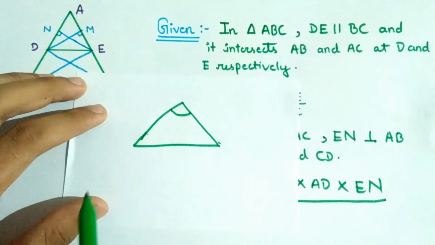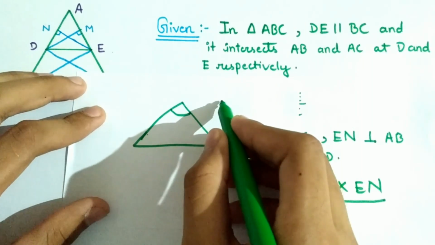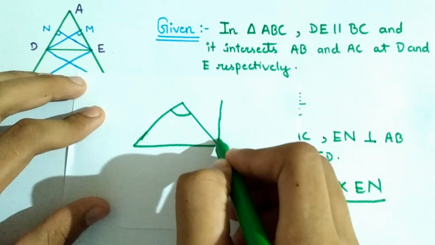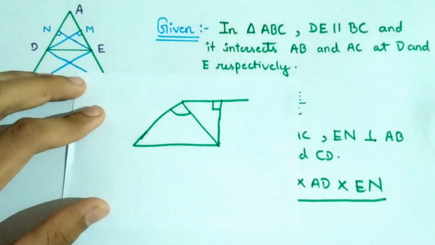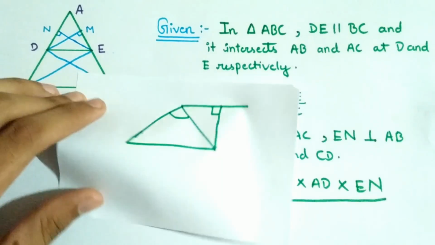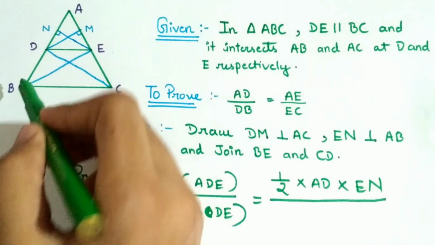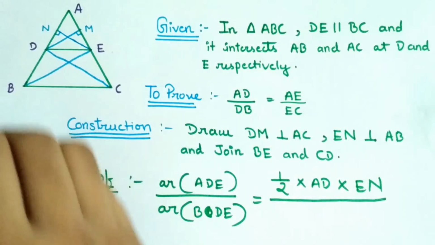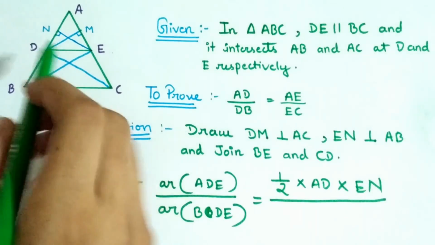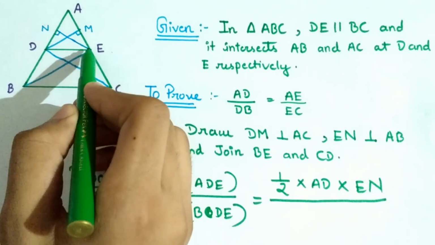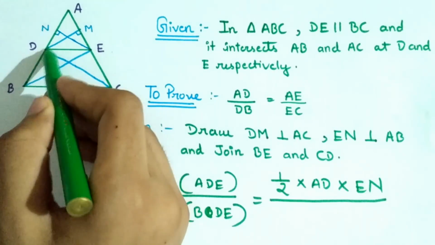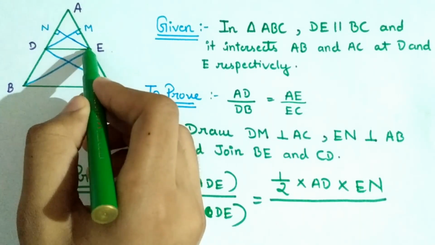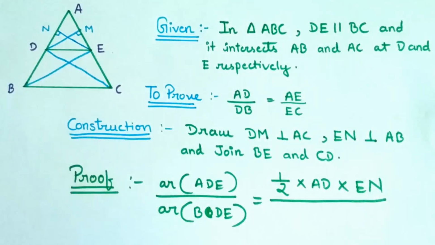In previous classes we have also done it: you have to take the perpendicular outside the triangle. This will become the perpendicular for an obtuse angle triangle. This is an obtuse angle triangle, so you have to take the perpendicular outside. The base remains the same, and the perpendicular will be formed outside the triangle.